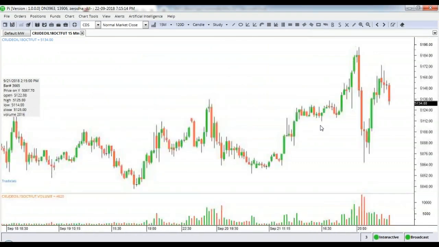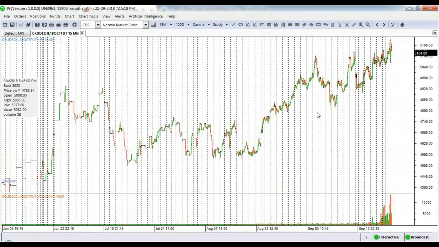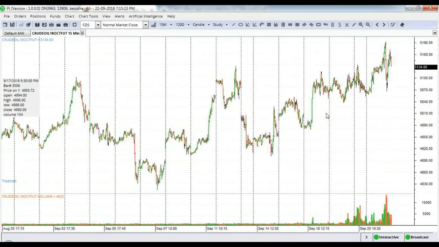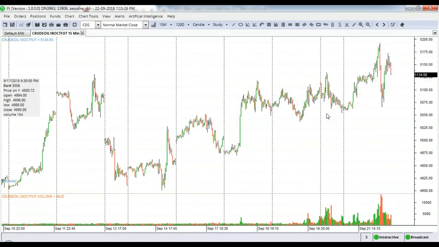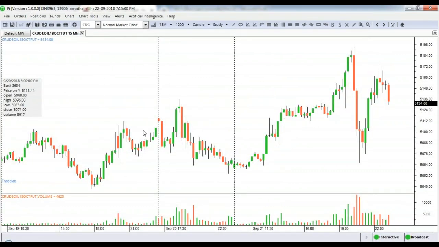Say, for example, when the market closed a day before, and then it opened here at 5 p.m. in the evening, there was something that might have happened during this time in the international commodities, which is crude oil.